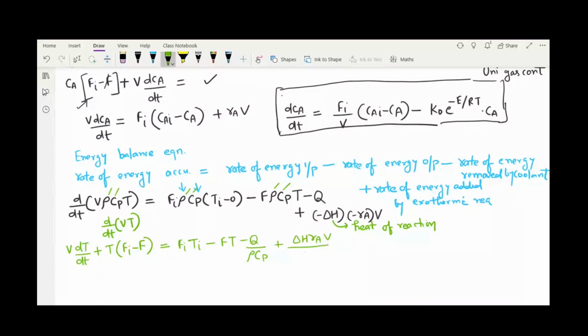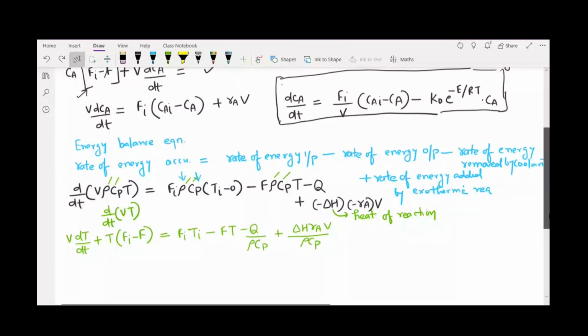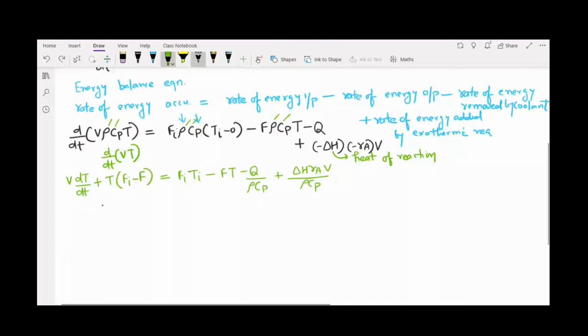If you write this in the delta H form, that is also okay. Then the FT terms will be cancelled out, and we will have V dT by dt equal to Fi times (Ti minus T), then minus Q by rho Cp, and then we can write this in the original form, minus RA V upon rho Cp.